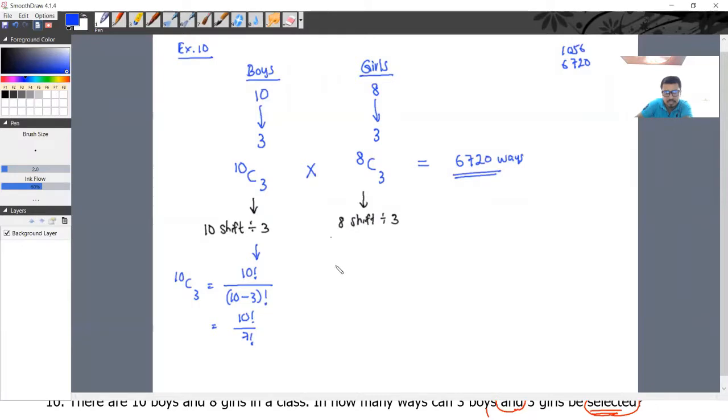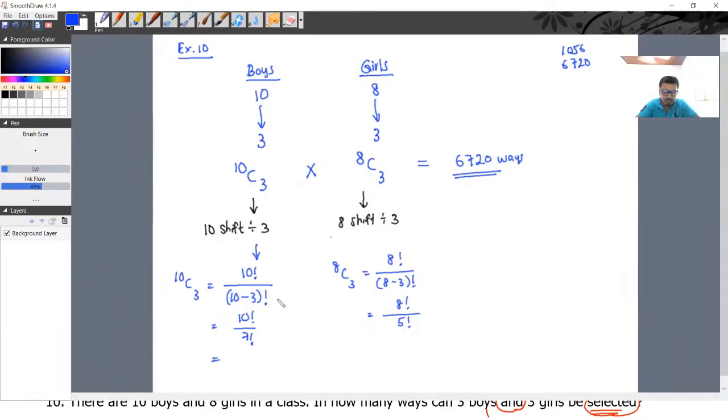Here 8C3 means 8 factorial divided by n minus r, 8 minus 3 factorial, that is 8 factorial divided by 5 factorial. From here what should you get?